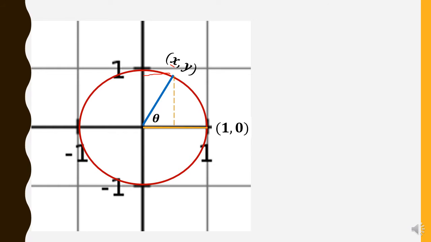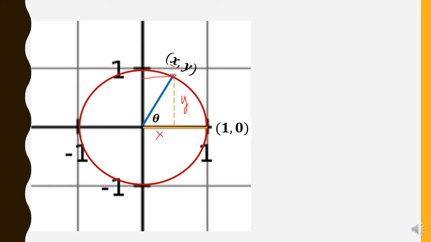Let's get an eraser. Let's erase this. Okay. So our x is denoted by this distance, which is also equal to this distance. And then the y is the distance of the same point from the x-axis. So this is the y value, okay?